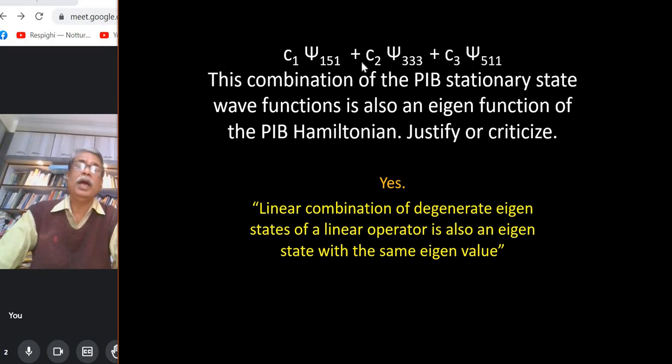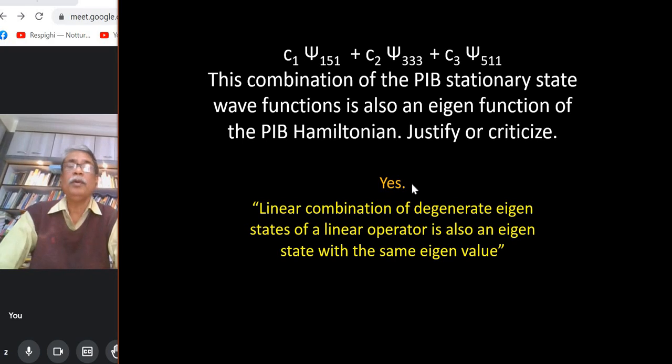So if the psi used in this combination are degenerate eigenstates, then only can you take a linear combination and the resultant combination is also an eigenstate. It is confirmed from this theory. Not only that, the eigenvalue of that new function is the same as those of the old three functions. So this is the theorem.